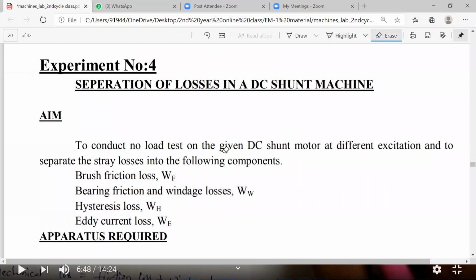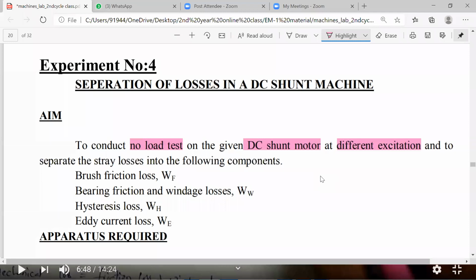This test is conducted at no load. Remember, the test is conducted with no load on the mechanical shaft, on a DC shunt motor. The third point is different excitations. We have two excitations to separate the losses. In the first case, rated excitation, that means we give the rated field current.